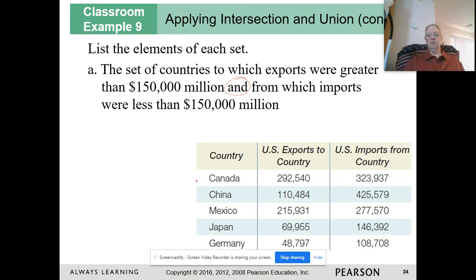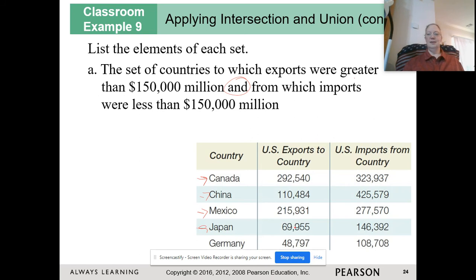So if we look at Canada, export is greater, import is not less. Let's look at China. Export is not greater than 150. We look at Mexico. Export is greater than 150, but imports are not less than 150.